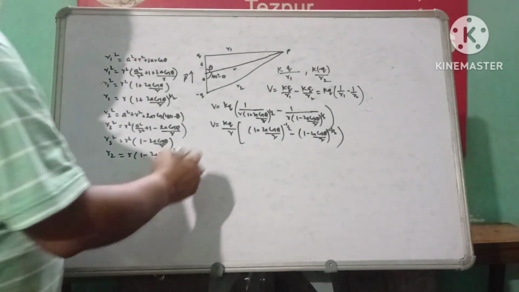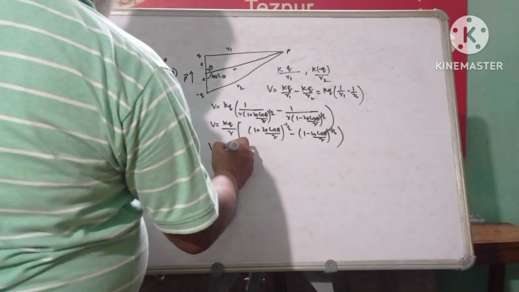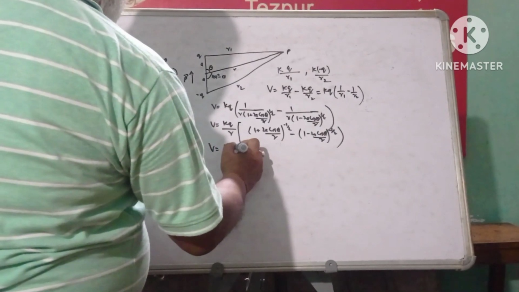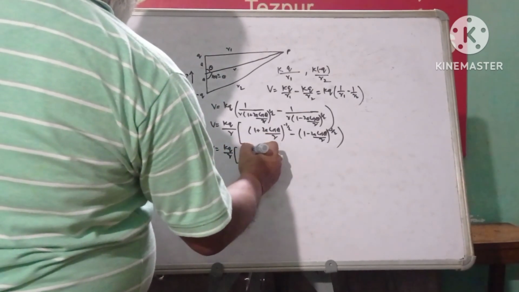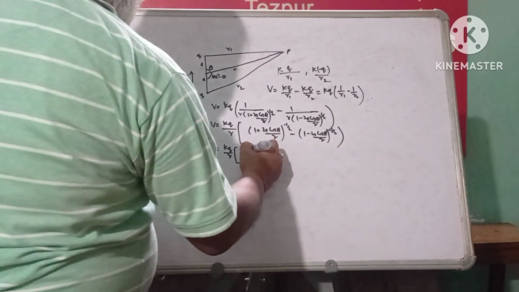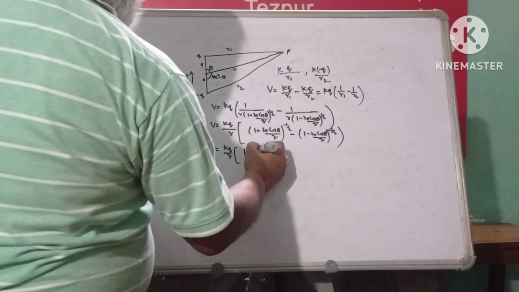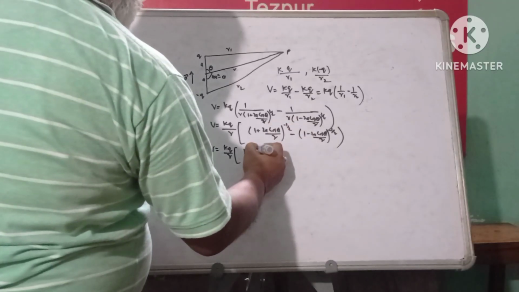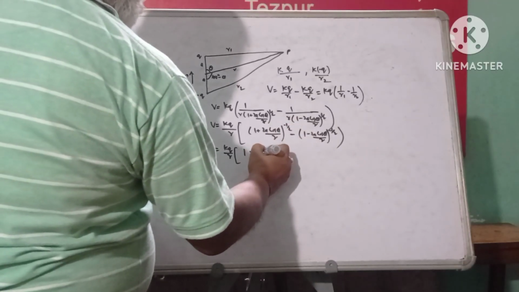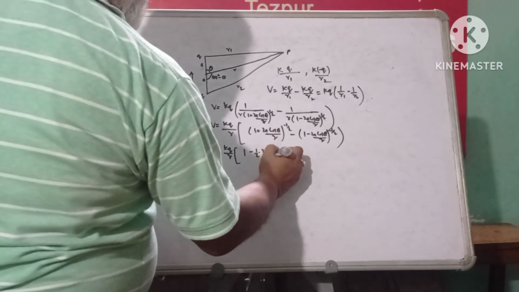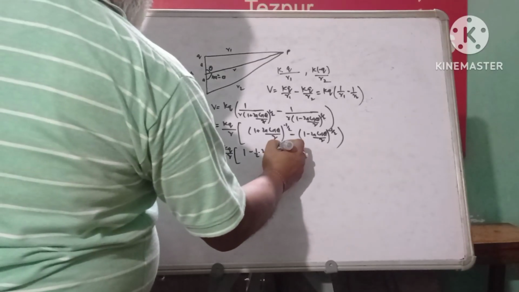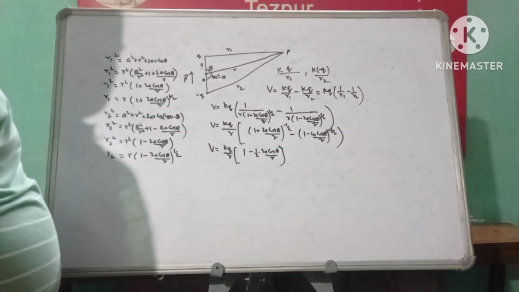When you use the binomial expansion, you are going to get kq by r, 1 plus, this is minus half into this, minus half into half, 2a cos theta by r. I am going to neglect the higher values because they will be very small.